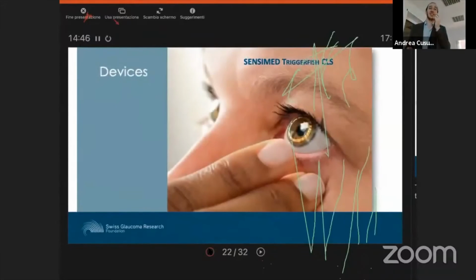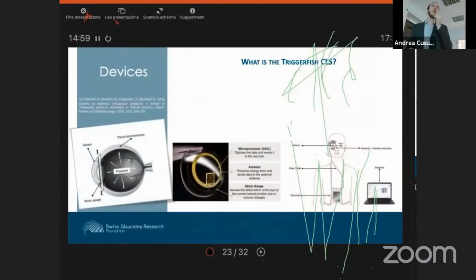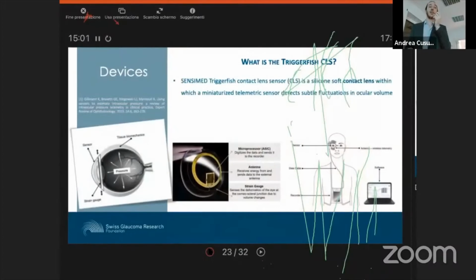So different techniques exist, and one of them is the Sensimed Triggerfish contact lens sensor. This is one of the lenses that was used for a lot of the studies I've presented earlier in the first part of this presentation. This contact lens is basically like a contact lens you would wear for your vision. It is just a little bit thicker. And you wear it for about 24 hours.